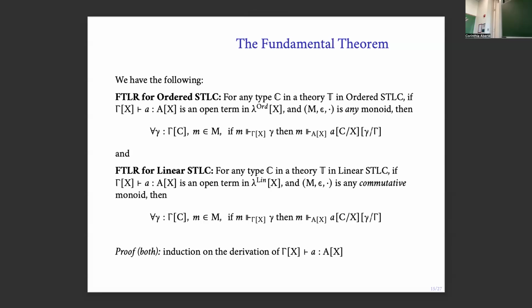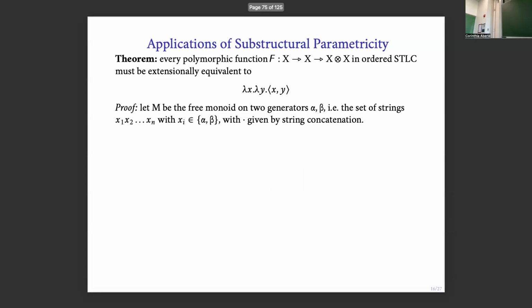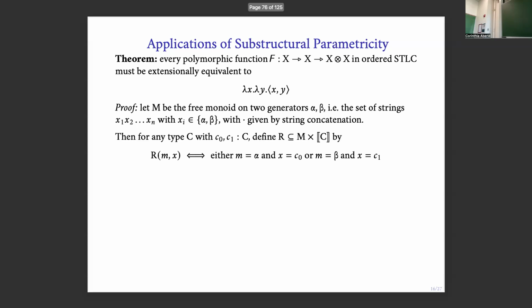So, okay, now what can we do with that? Well, let's go back to that example we had before. Now we can prove, I claim, that every polymorphic function of this type in ordered simply typed lambda calculus must be extensionally equivalent to just this function. How do we do that? First of all, let M be the free monoid on two generators, alpha and beta, i.e. the set of strings consisting of just alpha and beta, with the monoid operation given by string concatenation.